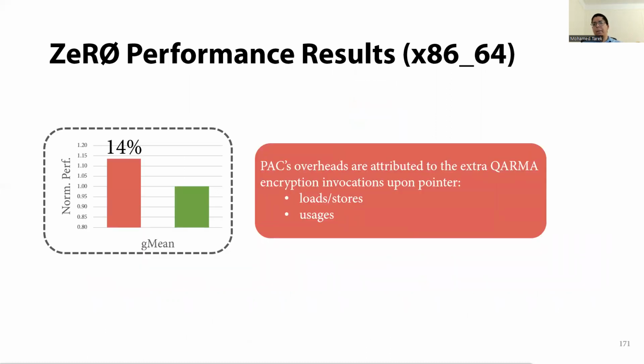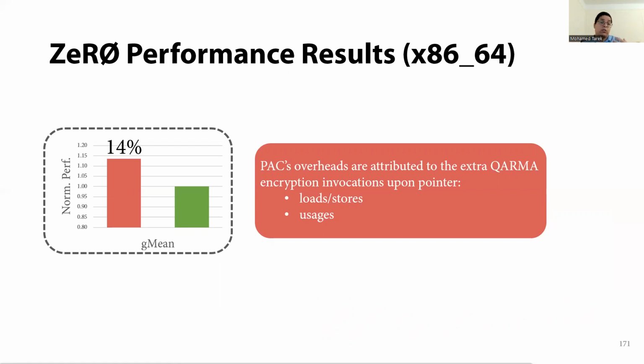Practically speaking, the main source of runtime overheads of PAC is the extra invocations of the crypto operations for each pointer. Every time a pointer is stored to memory, a hash should be computed using the QARMA cipher and stored in the pointer upper bits. When the pointer is loaded from memory, a new hash is computed and compared against the stored one.